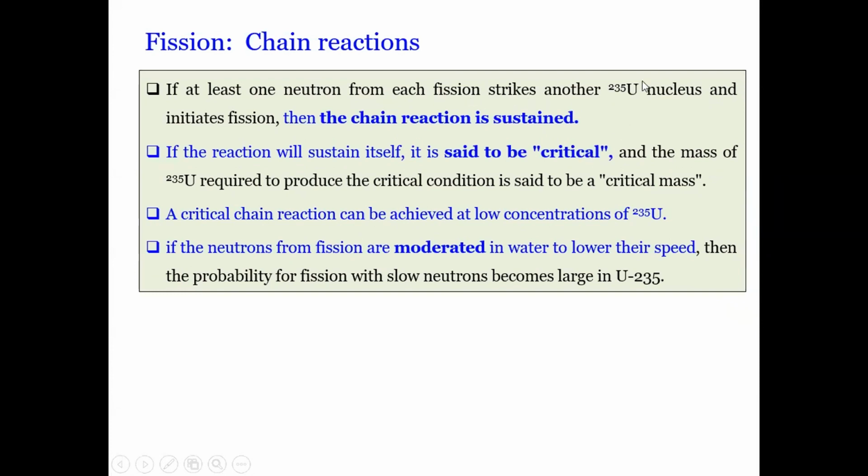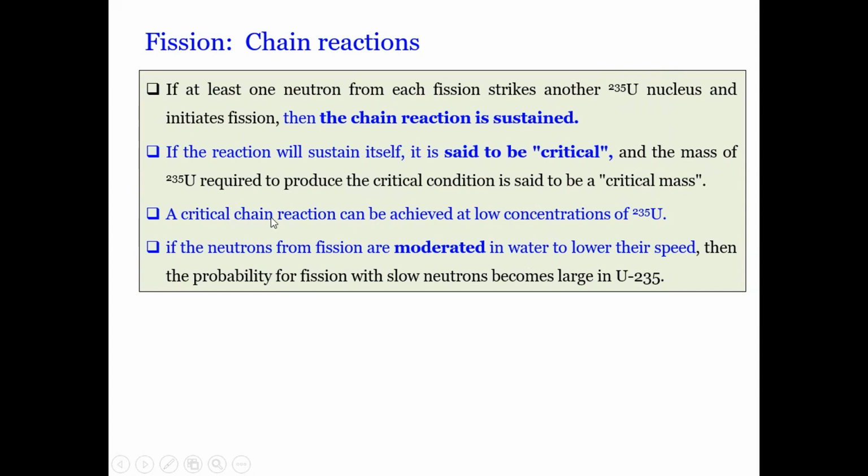For one neutron, you get another neutron as a result of the fission reaction, and that neutron is capable of continuing the fission in another nucleus. So the mass required to produce the critical condition is called the critical mass.